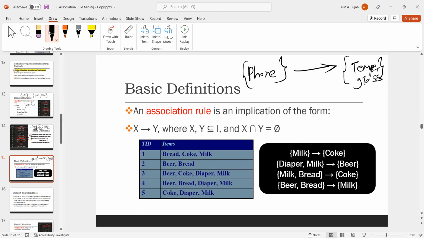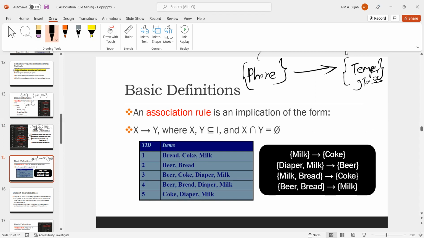So this is one association rule. We can read this as phone implies tempered glass.